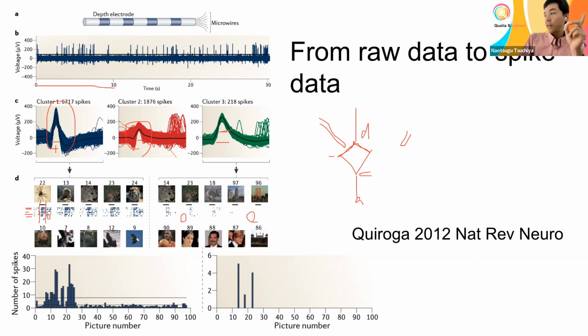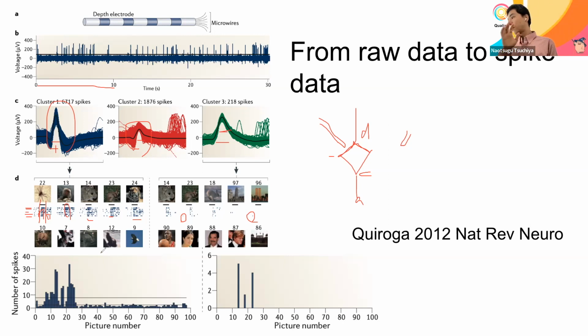Then after seeing the spider, this neuron fired a lot like this. After seeing this monkey, it fired a lot as well. This is a squirrel and something like that, and tiger and so on. By the way, this is a neuron that we published together, although I wasn't involved in this recording part, but more on the fMRI side of this.